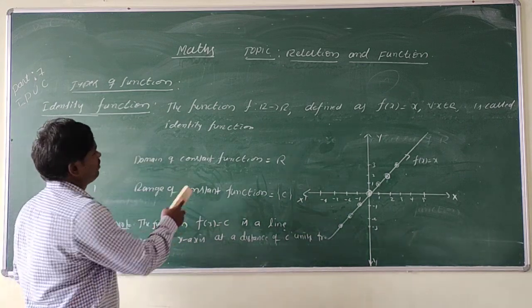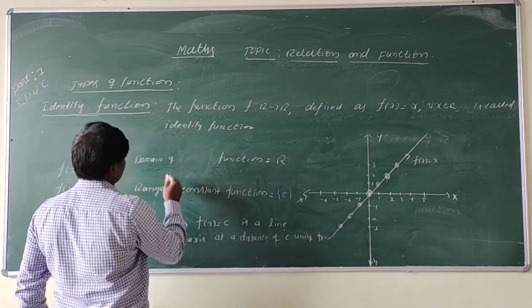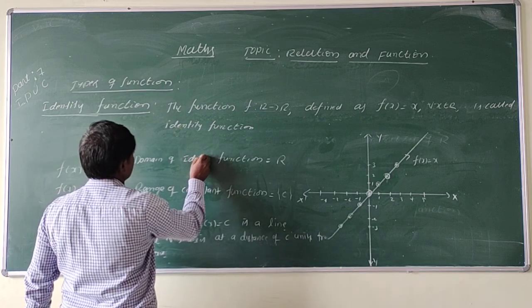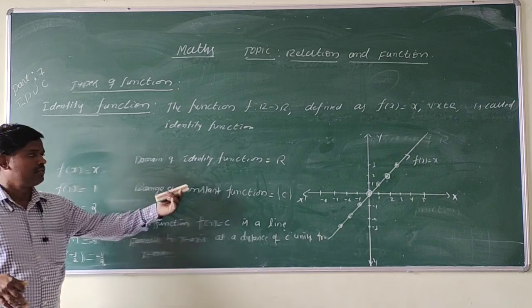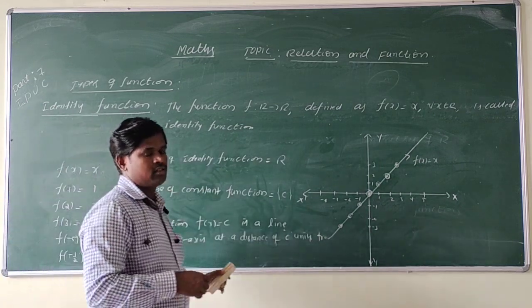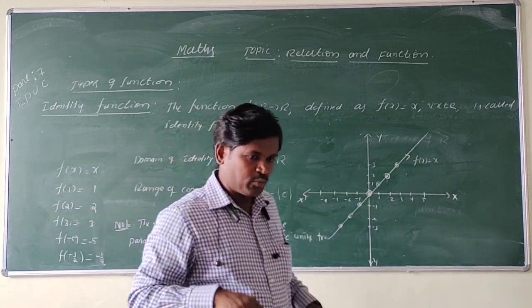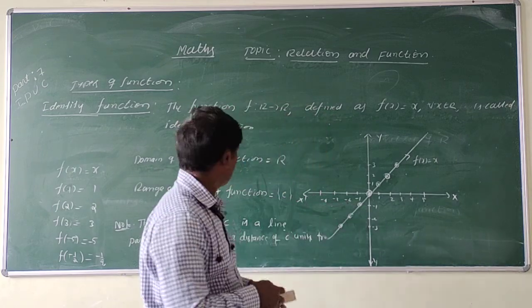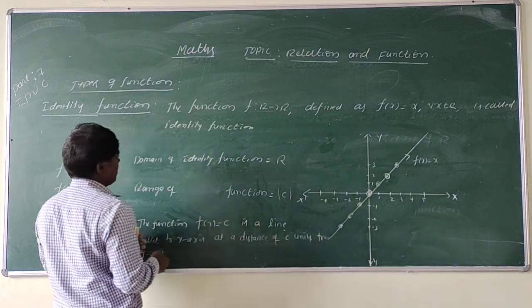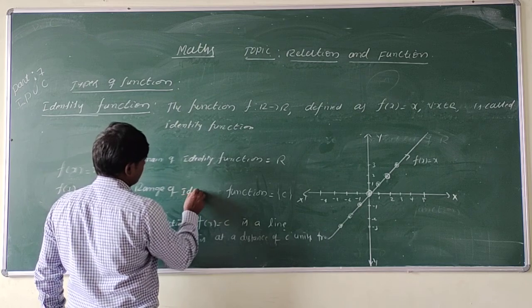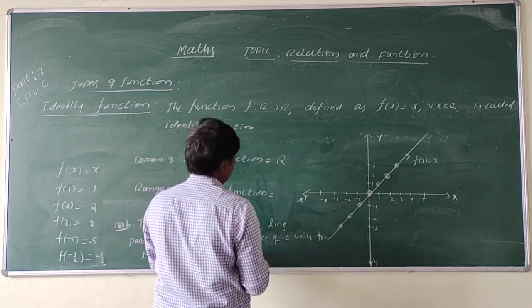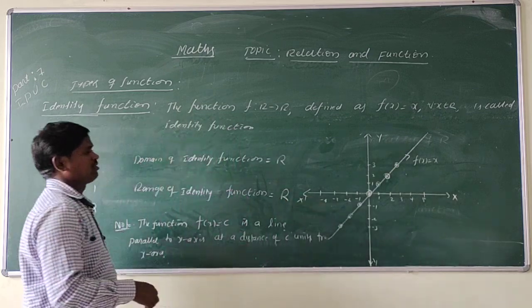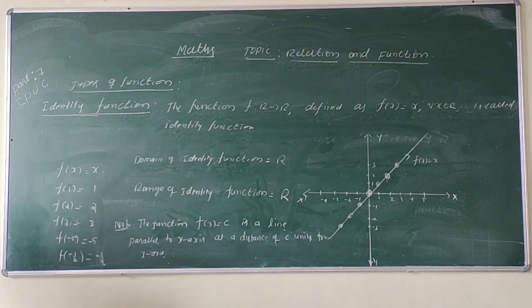The domain of the identity function is the set of all real numbers. What about the range? Whatever real value is given to the input, the same is the output. Therefore, the range of the identity function is also the set of all real numbers. So write this down.